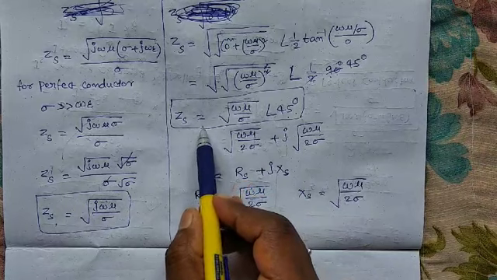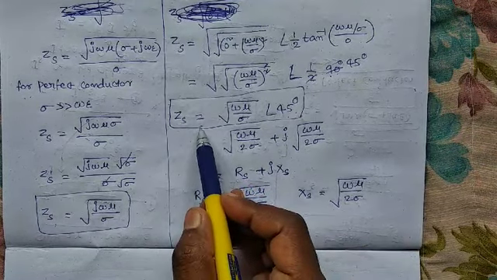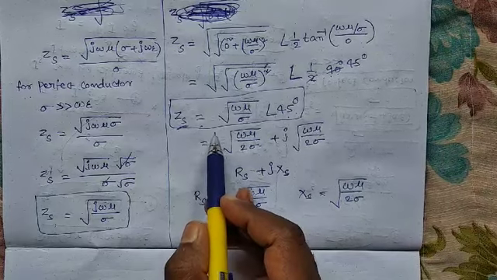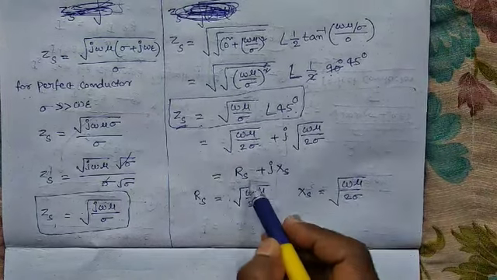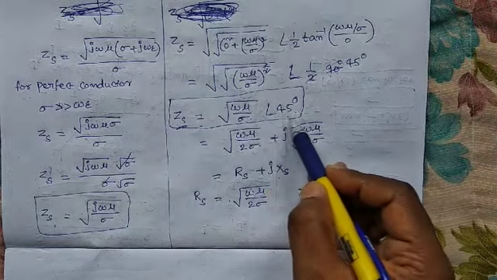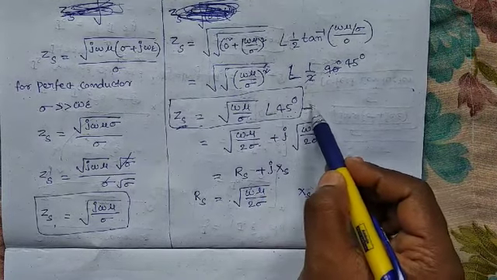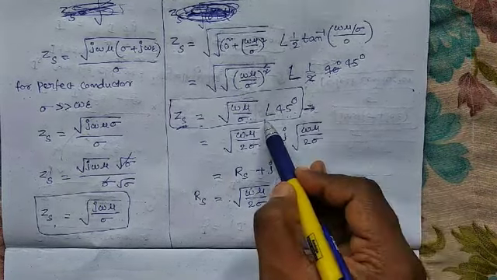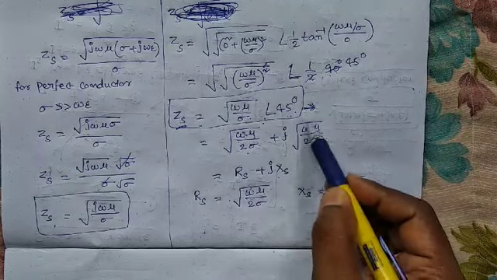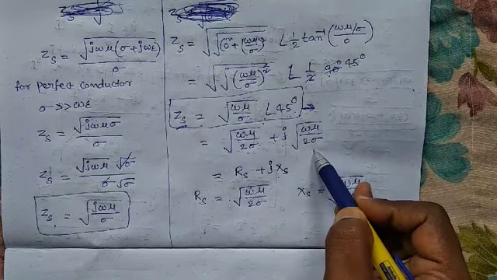We can express Zs in terms of the resistive and reactive components as Rs plus jXs. Converting from polar to rectangular form, we write it as the square root of omega mu by 2 sigma plus j times the square root of omega mu by 2 sigma.